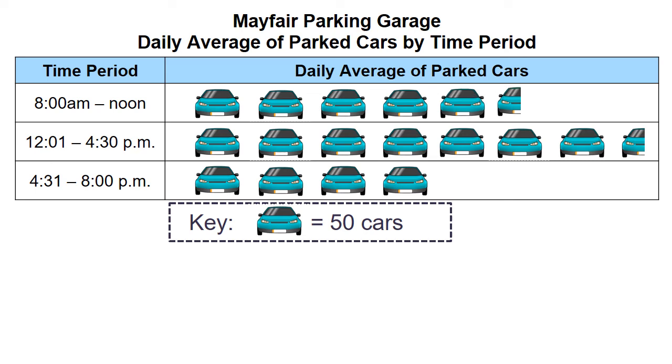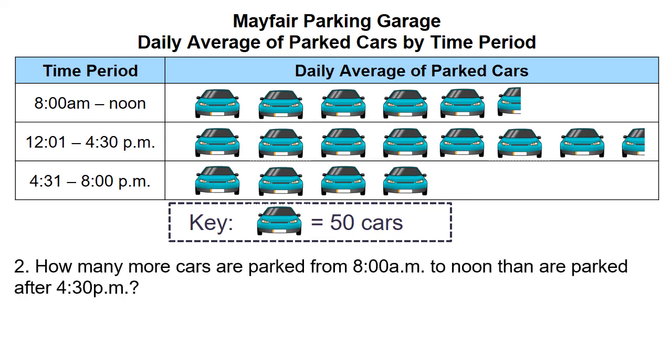For our last question, how many more cars are parked from 8 a.m. to noon than are parked after 4 p.m.? Okay, A 75, B 100, C 175, or D 200.